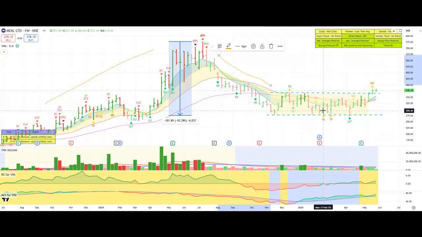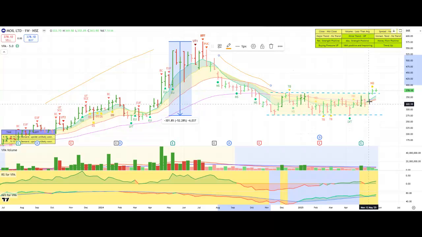The money was flowing into the stock here. And in the later part of the accumulation phase, we saw the relative strength also becoming positive here. And in a typical accumulation zone, the volume would remain low, and you can see here, typically the volume had remained low.